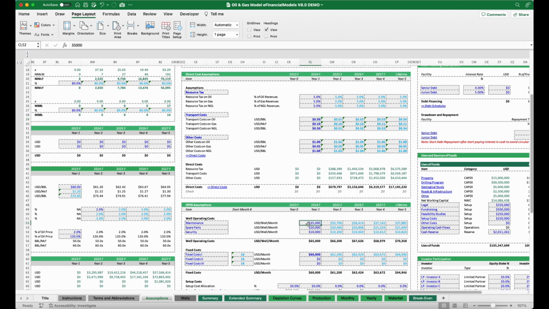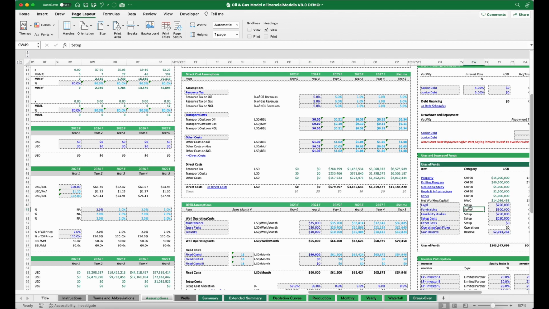As well, we might have costs which are related to the operations of our oil wells. So these we can estimate how much does it cost to operate one oil and gas well per month. And that would be the assumption here. And then we can also have other indirect costs which are related to the whole project, and we can just estimate how much these should be per month.